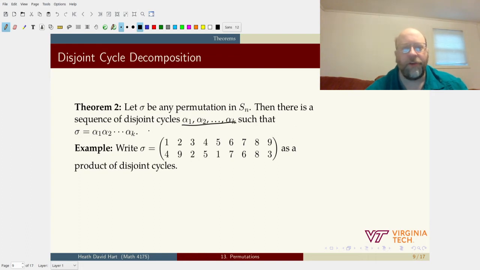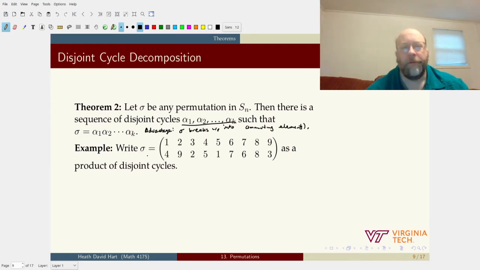So the advantage: sigma breaks up into commuting elements.